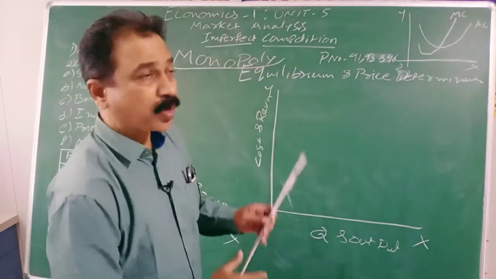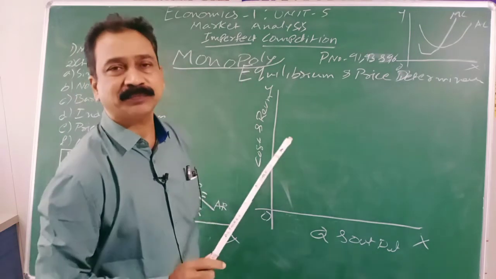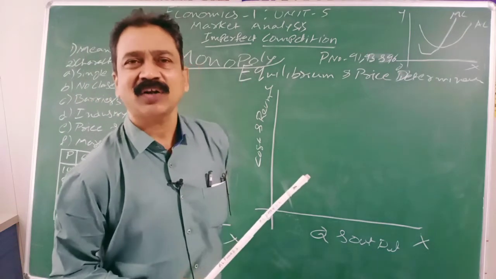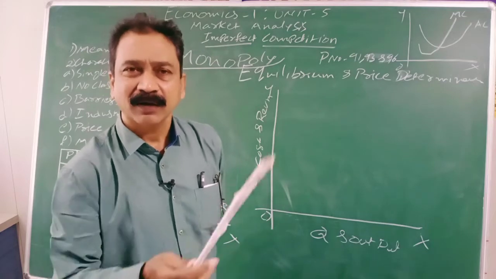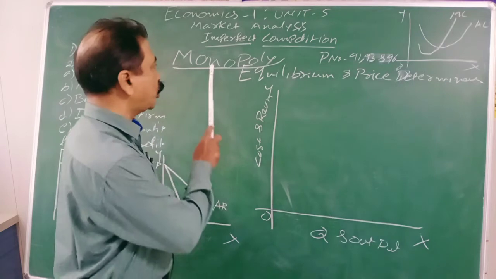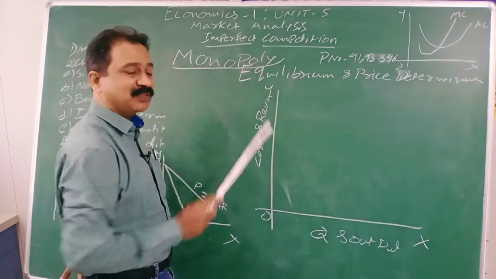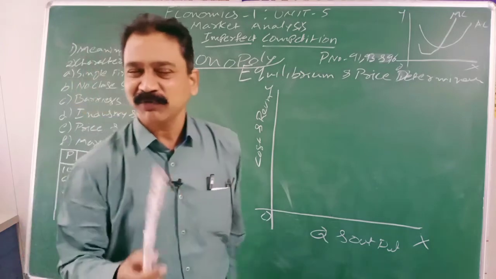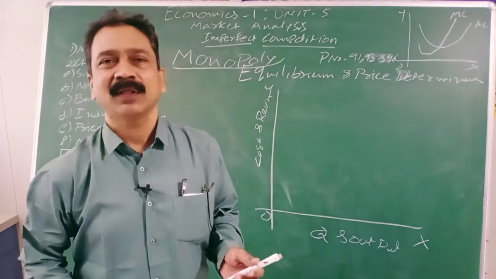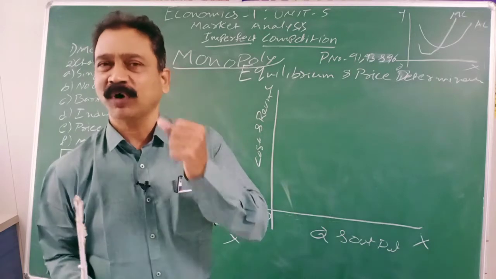Monopoly. Mono means single, poly means seller. Greek. A lot of words we derived from the Greek language. So mono means single, poly means seller. Monopoly means single seller. Let me explain one simple logic. If you write this much, what is monopoly? Generally it comes for 2 marks.